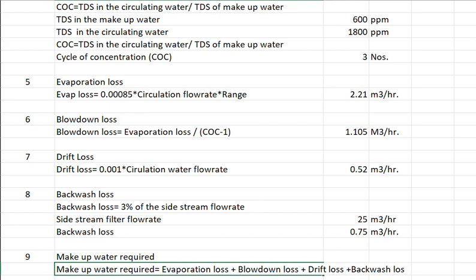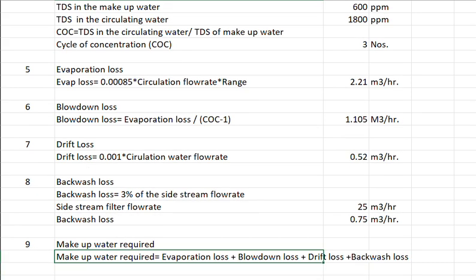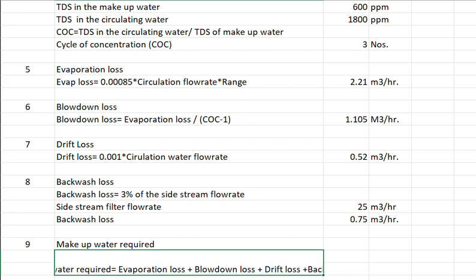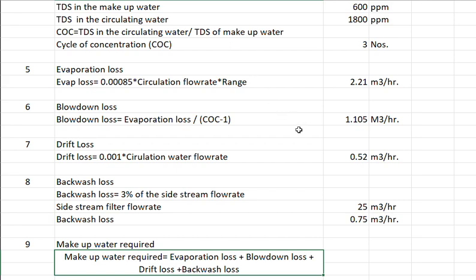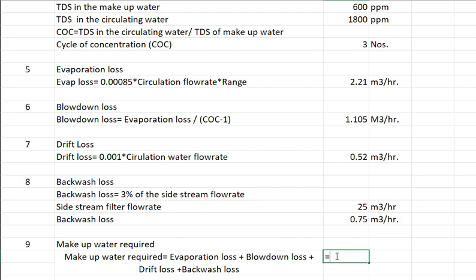Some industries don't have the backwash loss in the cooling water calculation, but here I have calculated the backwash loss considering our actual operation. So that much amount of cooling water is required as the makeup.